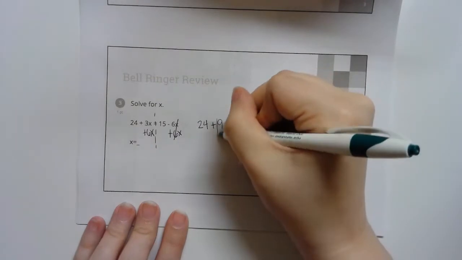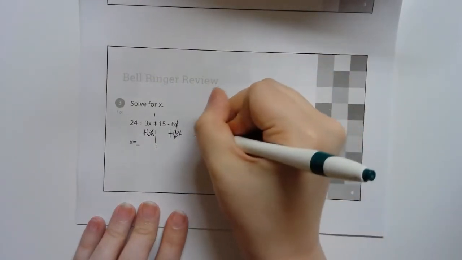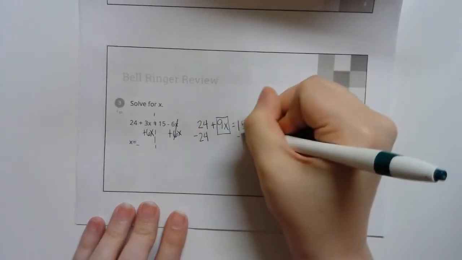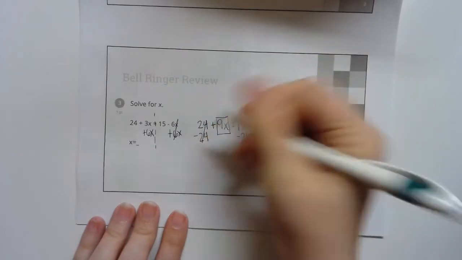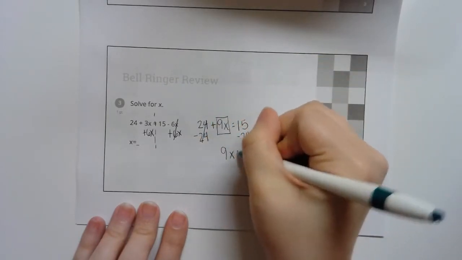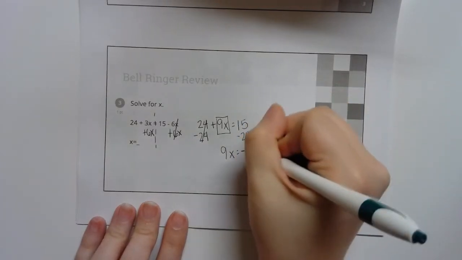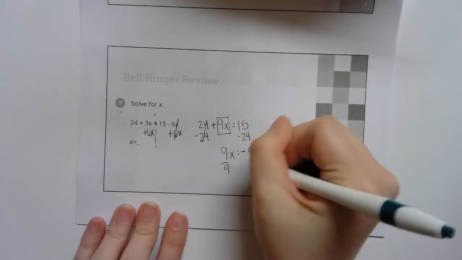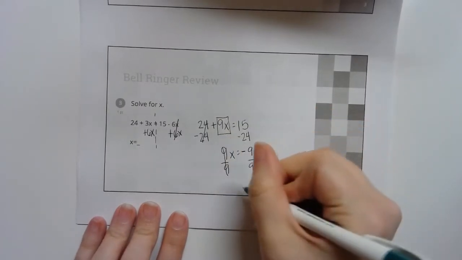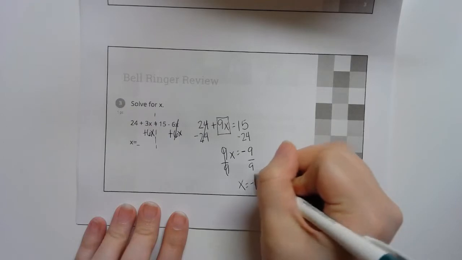I'm trying to get x by itself, so I subtract 24. So I have 9x equals 15 minus 24, which should give me 9. Oh, negative 9. And so then I divide by 9 on both sides, and I get x equals negative 1.